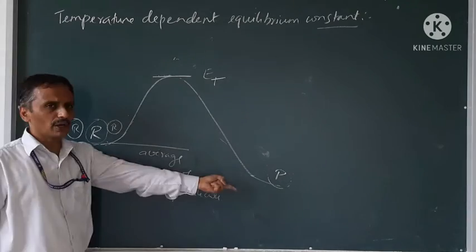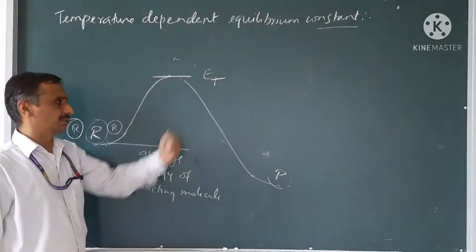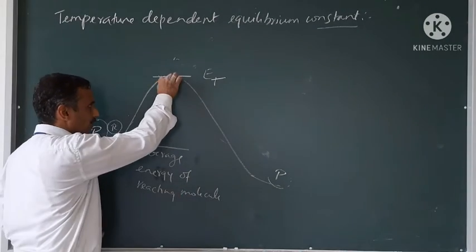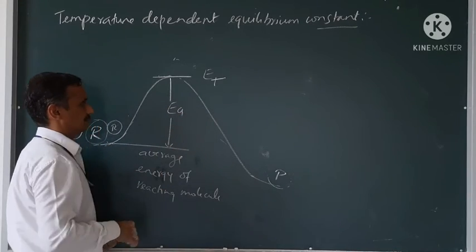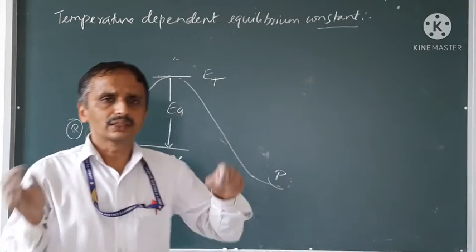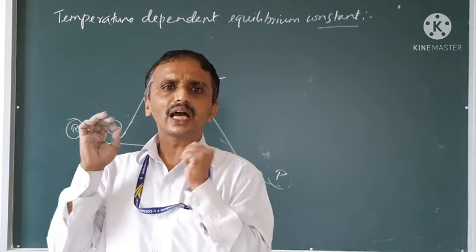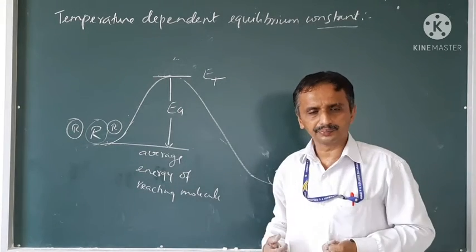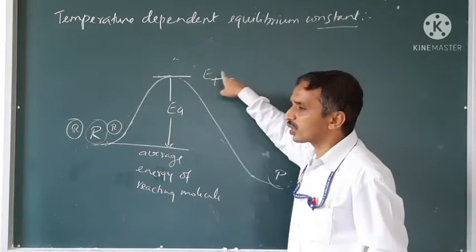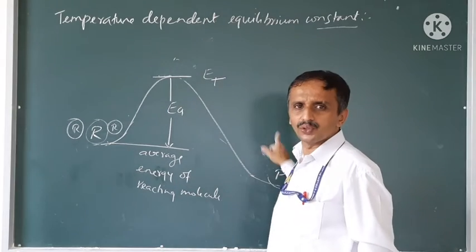And these cannot give the product because they are not crossing the threshold energy. So they should be supplied with energy, which is called activation energy. It is the minimum extra energy that the reactive molecule should acquire to cross the threshold energy and give the product.